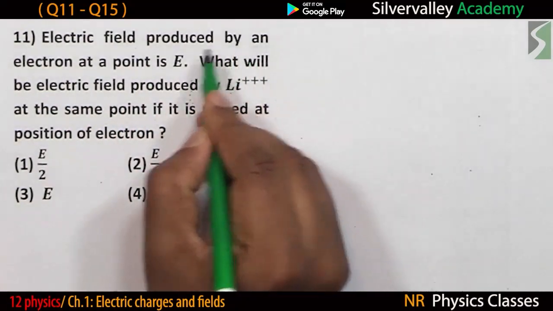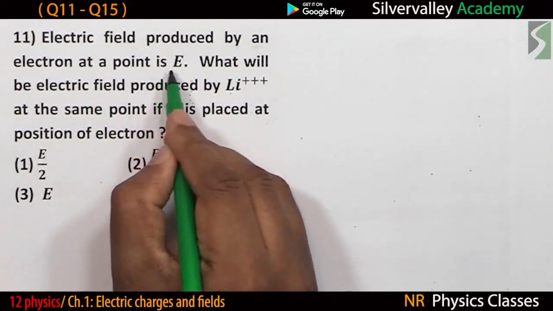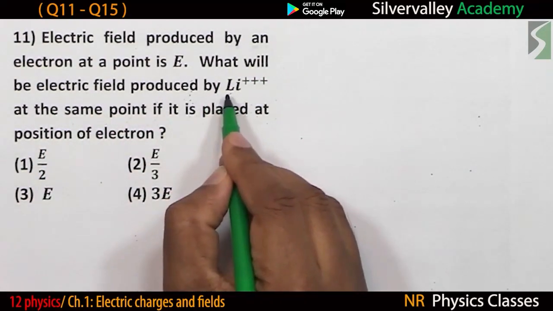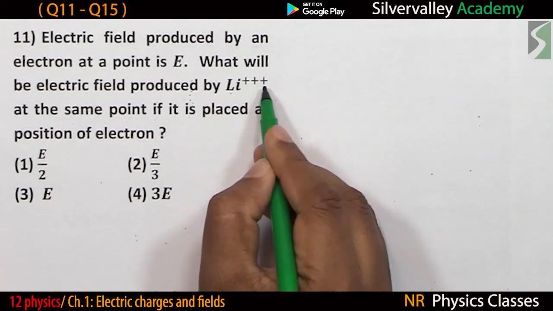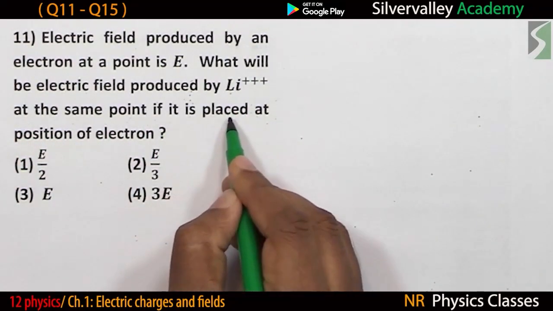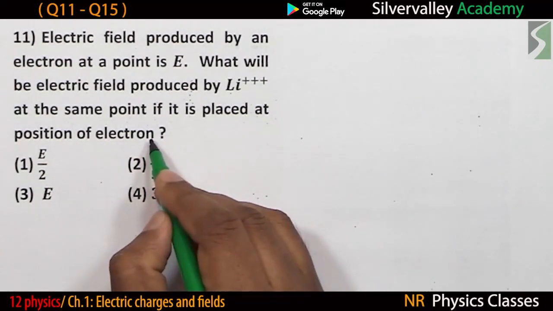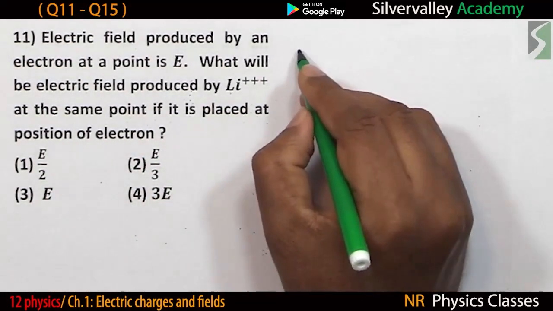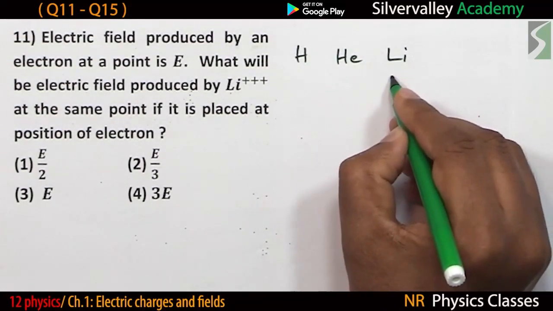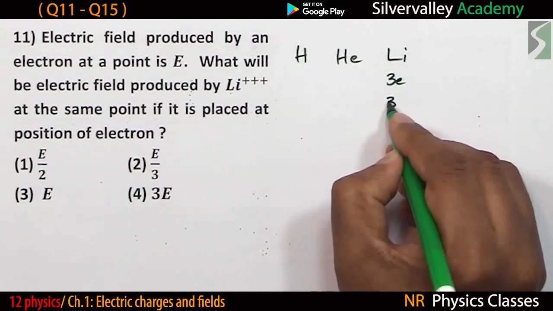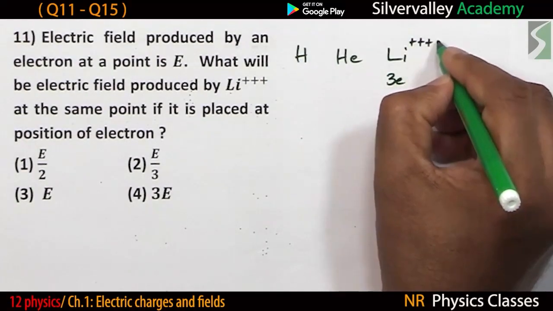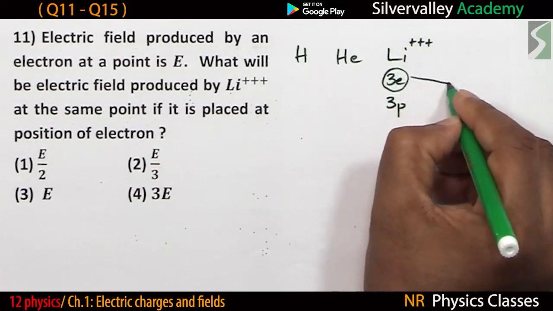Electric field produced by an electron at a point is E. What will be the electric field produced by lithium plus plus plus, that is lithium 3 plus, at the same point if it is placed at the position of the electron? Hydrogen, helium, lithium. Lithium has 3 electrons, 3 protons. Lithium plus plus plus means 3 electrons are removed.